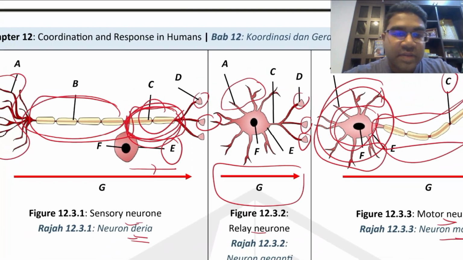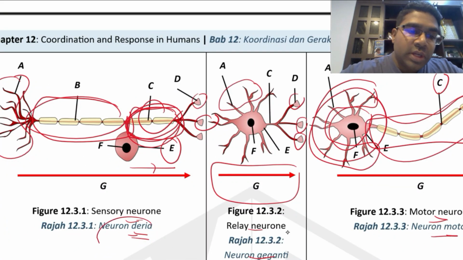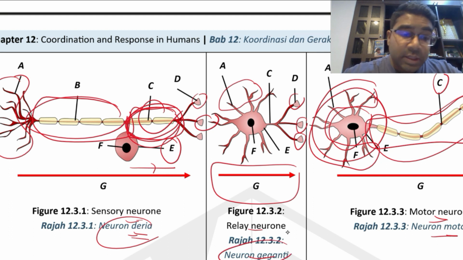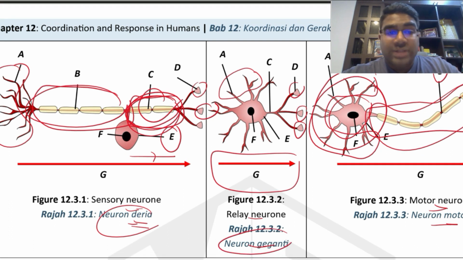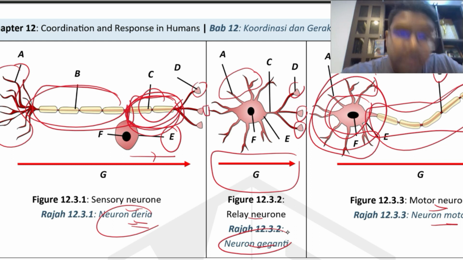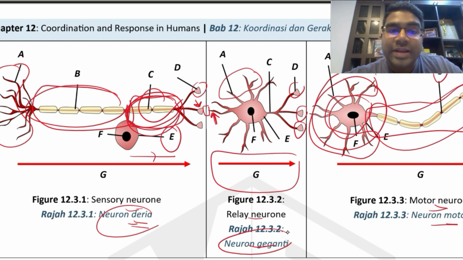So, impuls saraf dihantar daripada neuron deria kepada neuron geganti. The sensory neuron sends the impulse to the relay neuron. Right? So, where is the synapse? Mana synapse? Synapse di sinilah. Di antara bonggol synapse ini, between the synaptic knob dengan dendrite neuron yang menerima impuls saraf, and the dendrite of the neuron that's receiving the impulse.